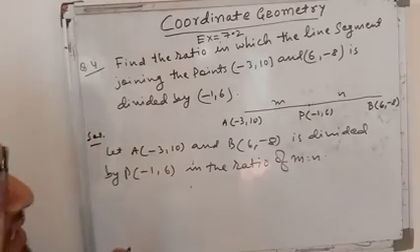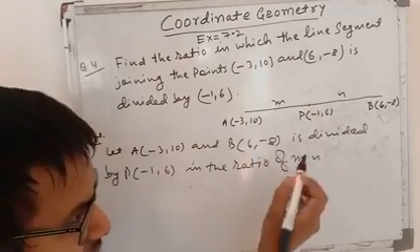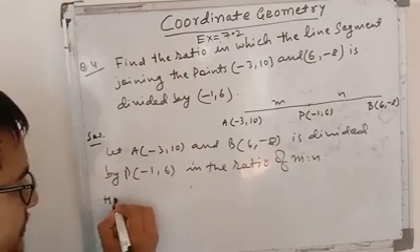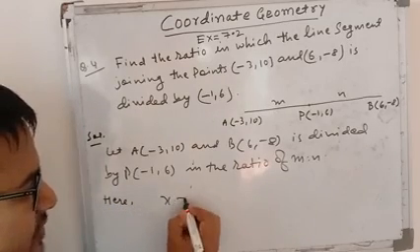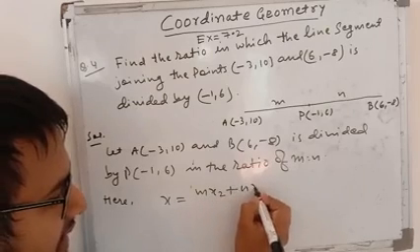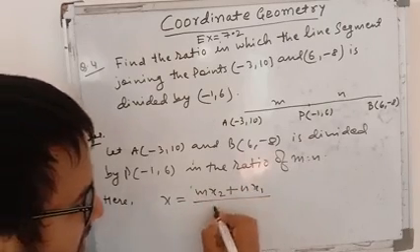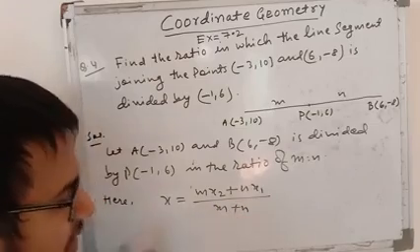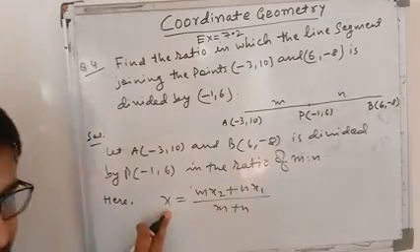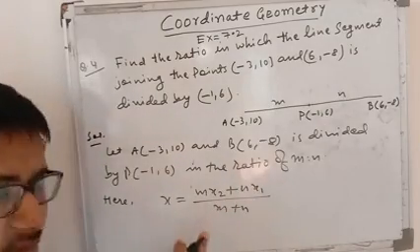Now here I am using the formula. You can use the formula of X or Y. So here we can write X equals (mx2 plus nx1) by (m plus n). This is the formula of the point of division on the abscissa.